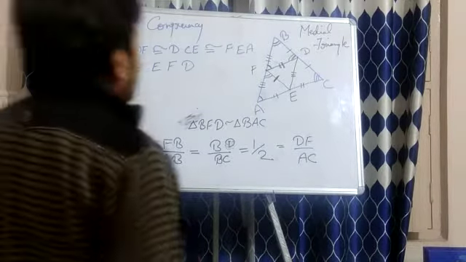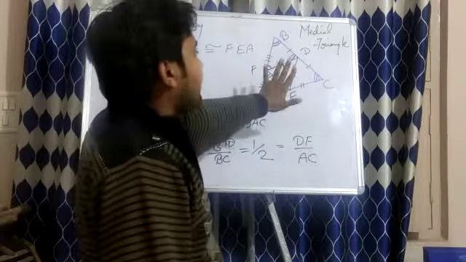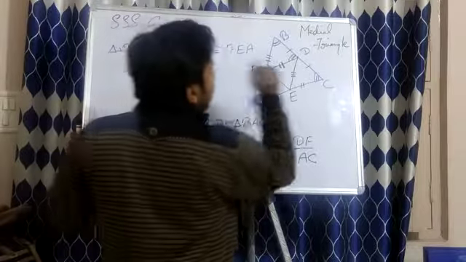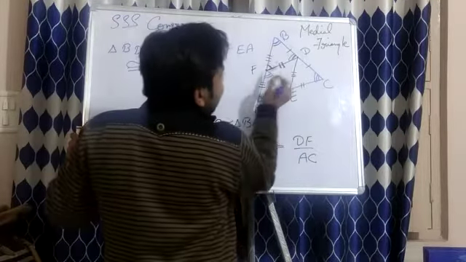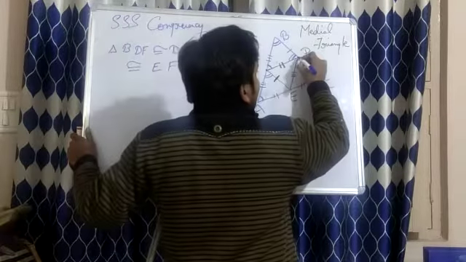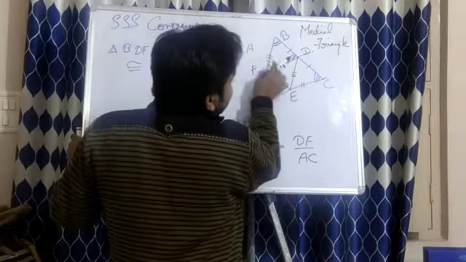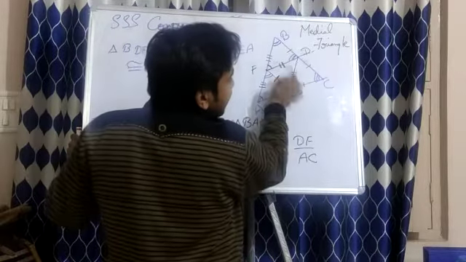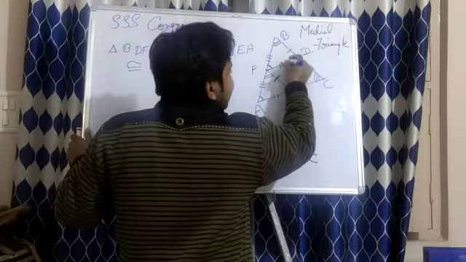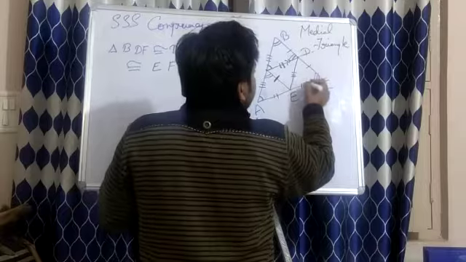Now since we have proved that all the 4 triangles are congruent to each other, if you look at this angle BDF, this angle is equal to this angle. Therefore, if you extend this line, we can say that these corresponding angles are equal. If these corresponding angles are equal, can we say that this is parallel to this, and this is parallel to this?